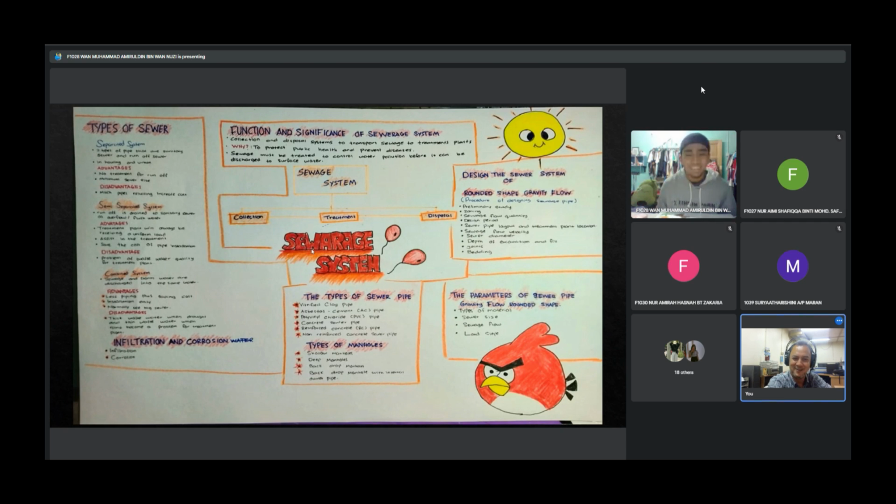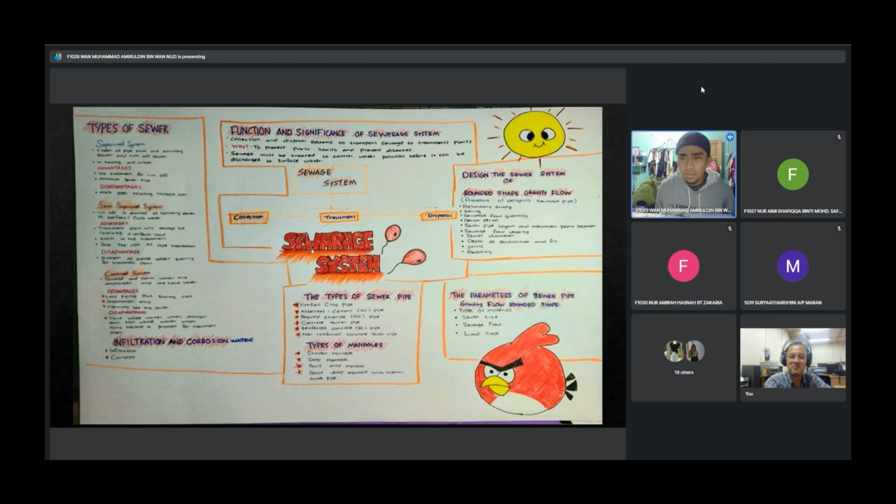Okay, next we go to the type of manhole: shallow manhole, deep manhole, backdrop manhole with internal outlet pipe. Next, design of the sewer system of gravity flow.